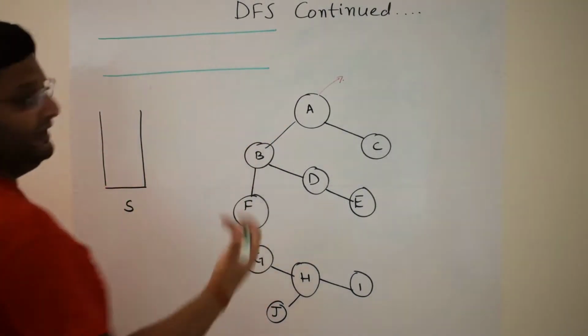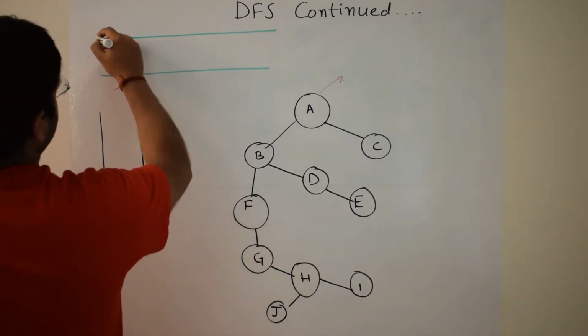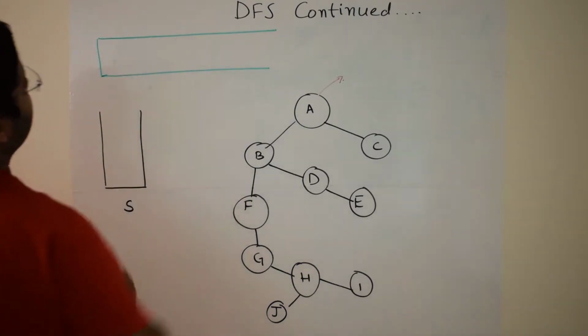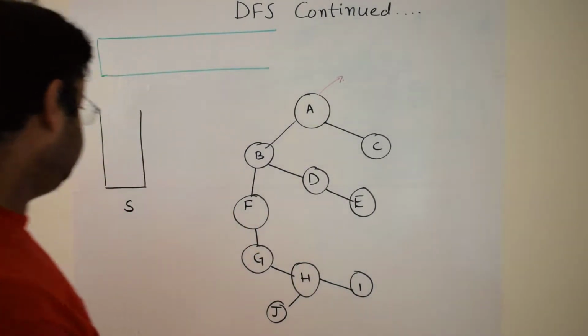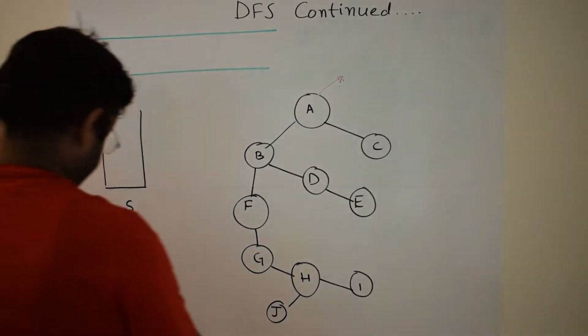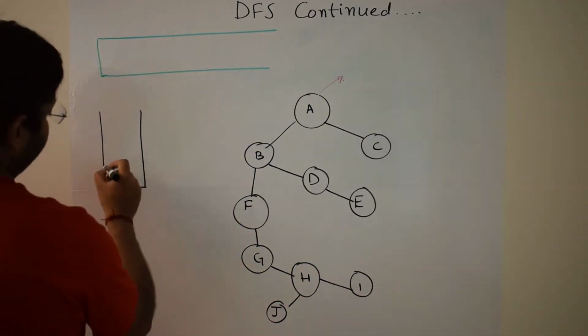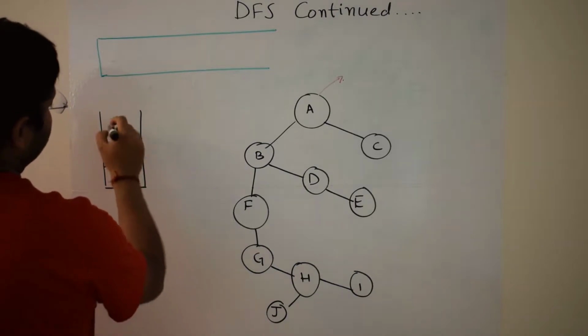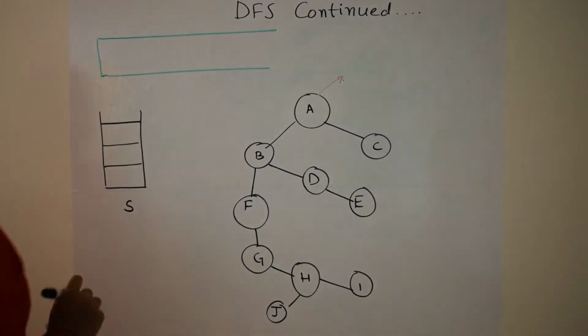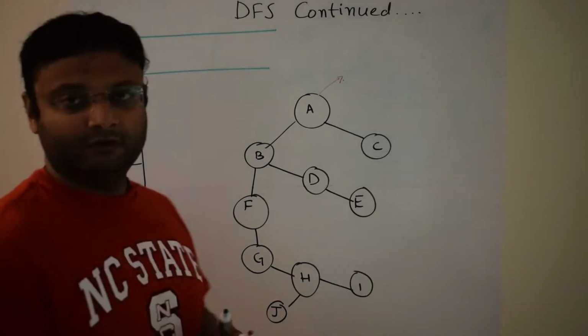Now what does that mean? I'll come to it later. While explaining the algorithm, I'll explain what exactly we mean by visited. So here I have the stack with me, and it works on the principle of first in, last out, or last in, first out. So let's start with the algorithm.